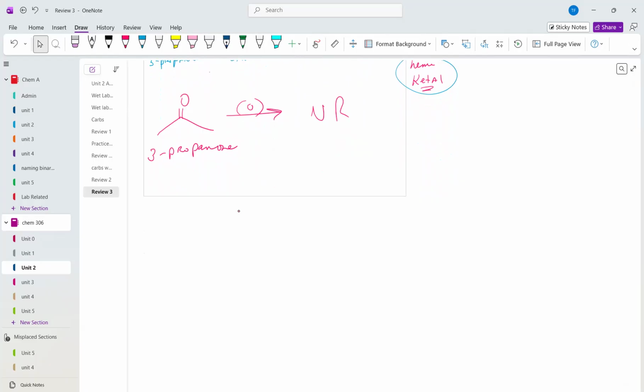Okay, so let's try some more here. Let's take this guy and oxidize it. Okay, so this isn't a ketone up here. This is an aldehyde. So what do aldehydes do when they're oxidized?